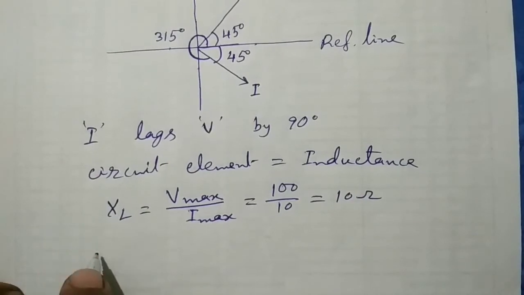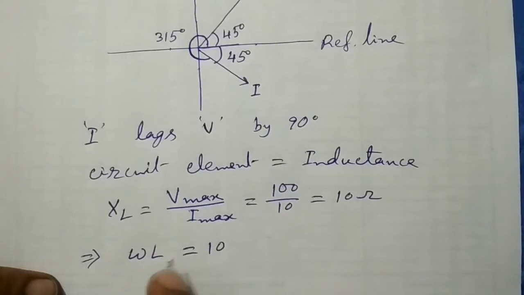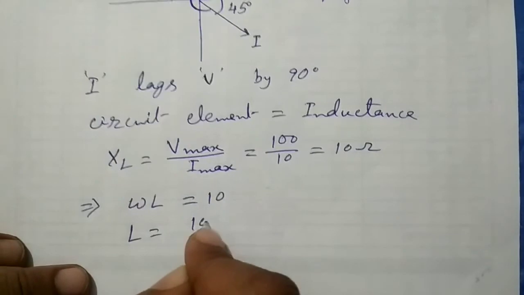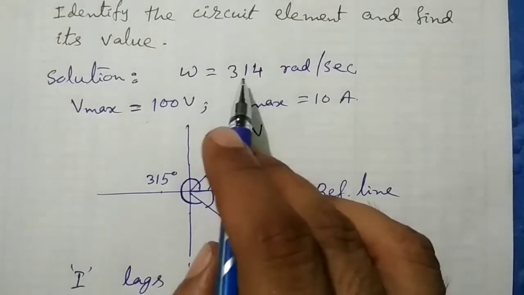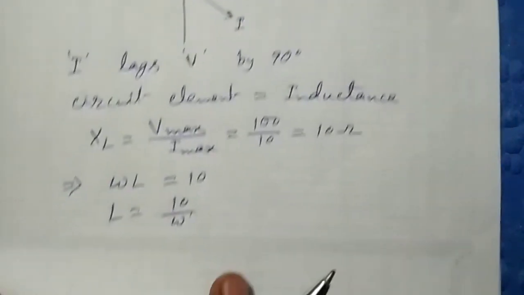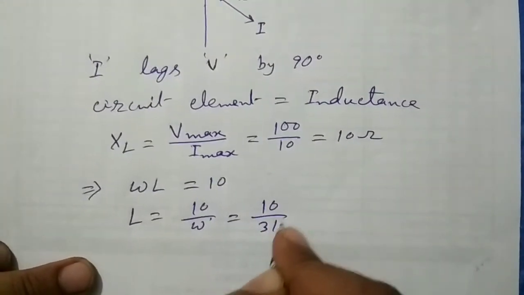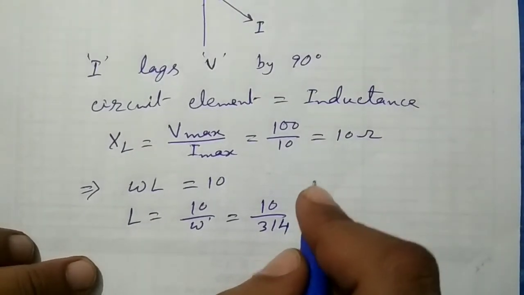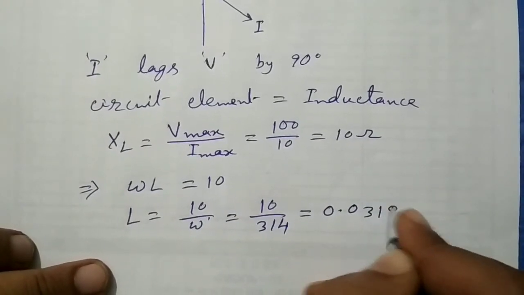The XL can be further written as omega L, or L can be written as 10 upon omega. Here in this question, the omega is 314 radian per second. Therefore, it will be 10 upon 314. And if we solve this, it will be 0.0318 Henry.